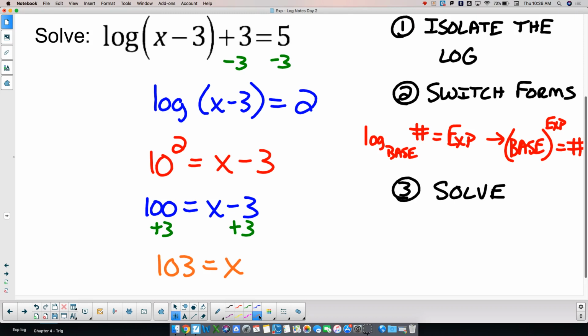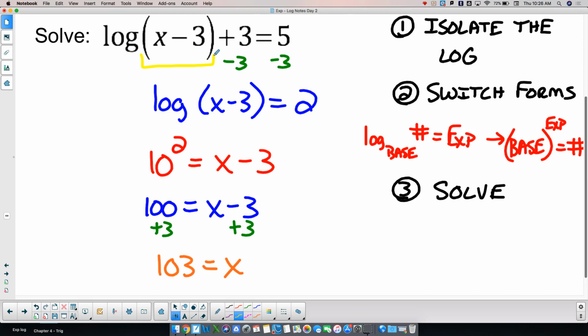Condition number 2? What else has to be positive? The number, right? The part inside has to be positive. If I plug back 103 into that, 103 minus 3 is 100, so that's still positive.